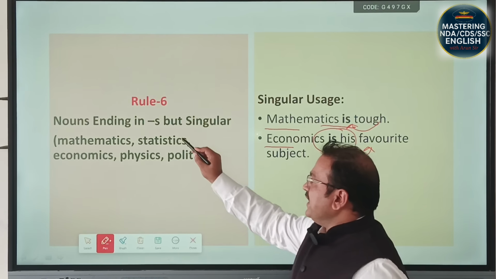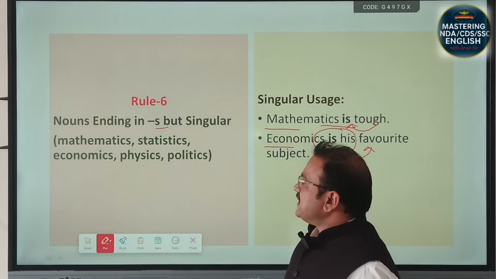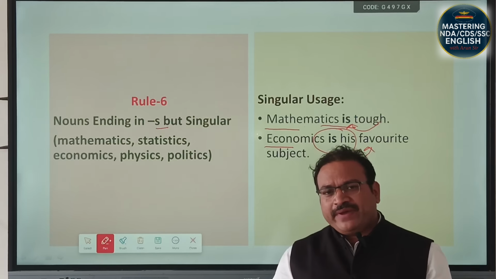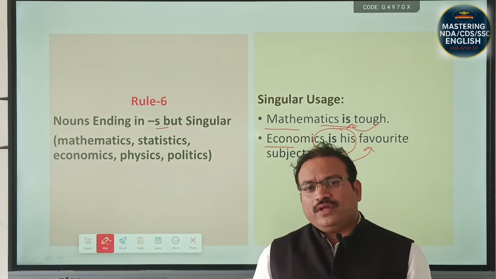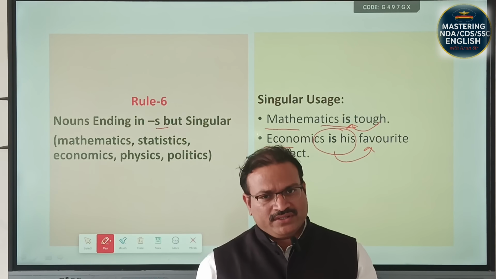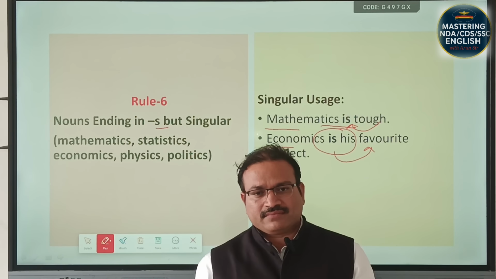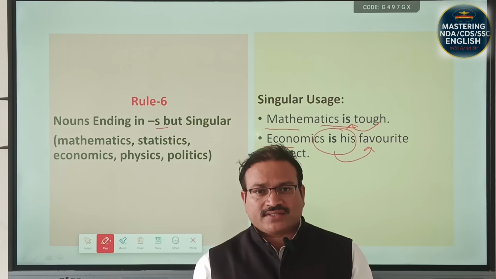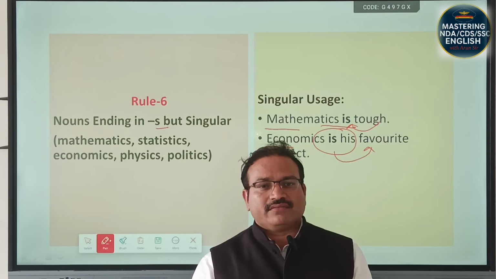Nouns ending in s but singular. Generally, how do we make plurals? By adding s or es. Boy, boys; girl, girls; bench, benches; teacher, teachers. So we add s or es to make a noun plural.